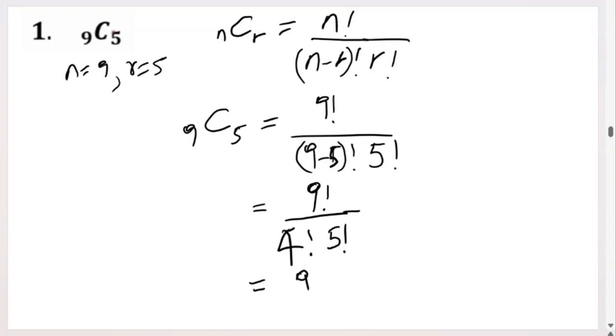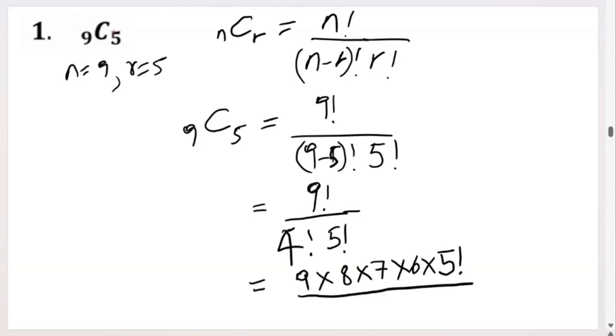I can write my numerator as 9 multiplied by 8 multiplied by 7 multiplied by 6 multiplied by 5. I'm going to stop at 5 because I've got 5 factorial at the bottom. Not that you cannot proceed; you can proceed with 5 multiplied by 4 multiplied by down to 1. But because we only need to know 5, why should you bother?